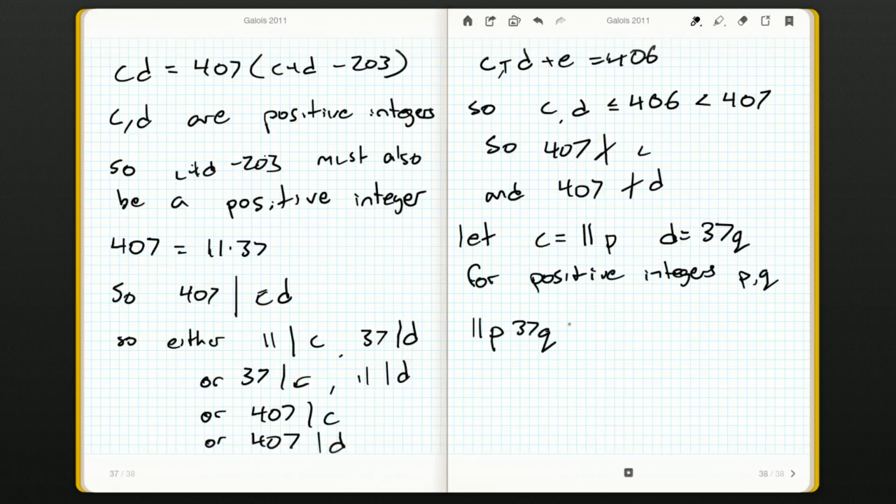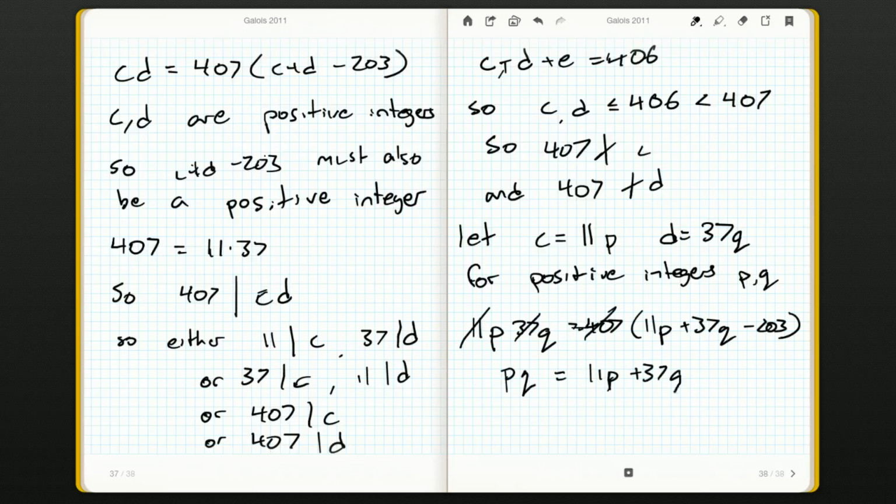So 11P 37Q is 407 times 11P plus 37Q minus 203. So PQ is 11P plus 37Q minus 203. So it looks like we've traded one equation for another.